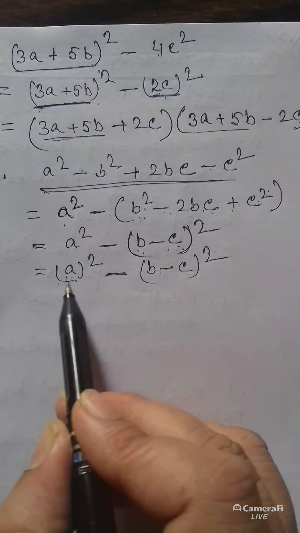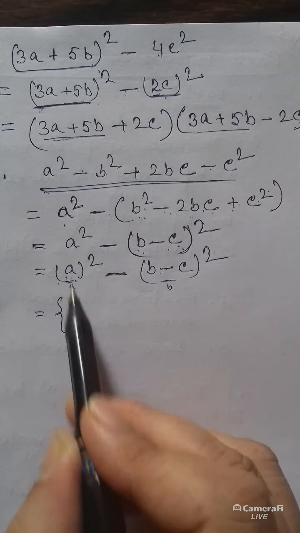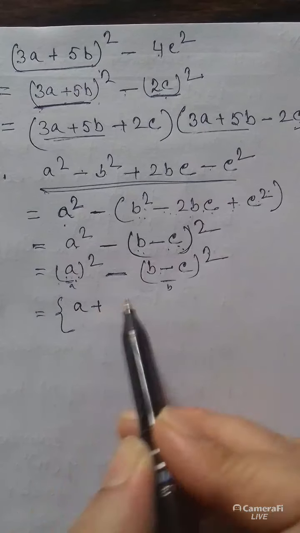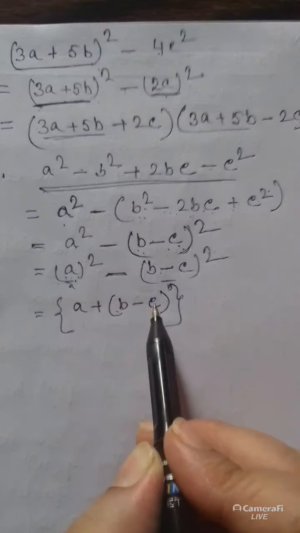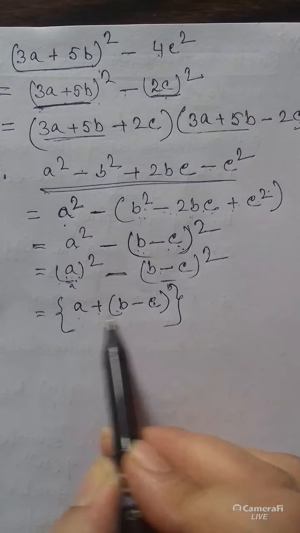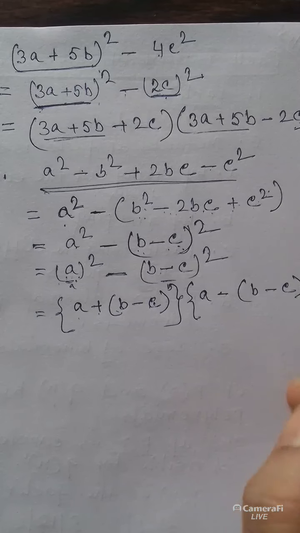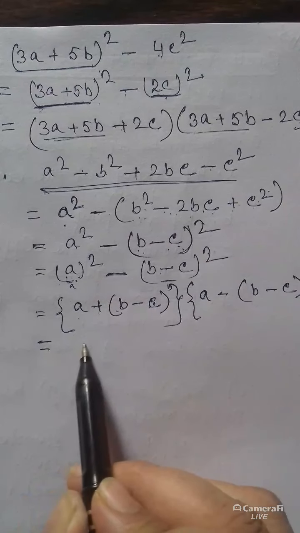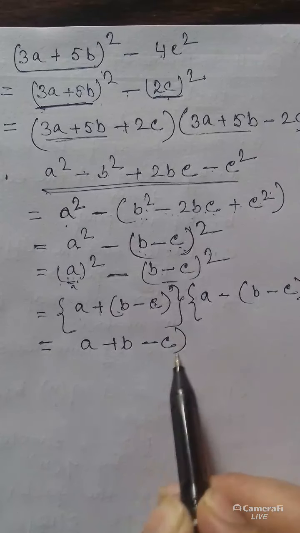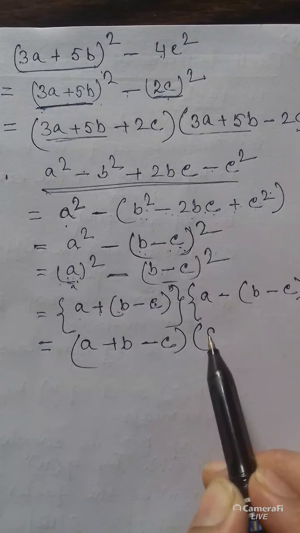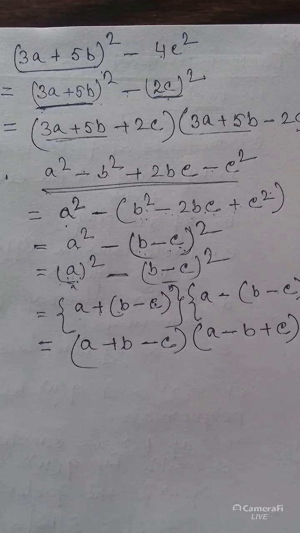Here this is A and this is B. Now we can write A plus B, where A means a, and in brackets b minus c is B. So a plus B into a minus B: a plus b minus c, and in this bracket a minus b plus c.